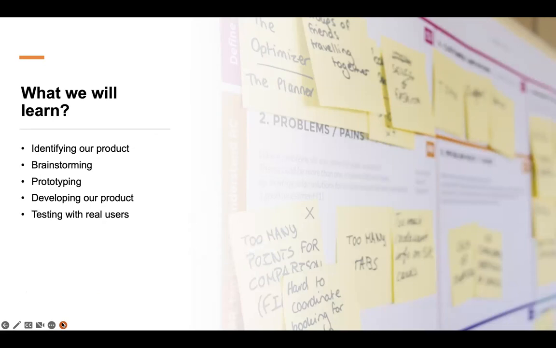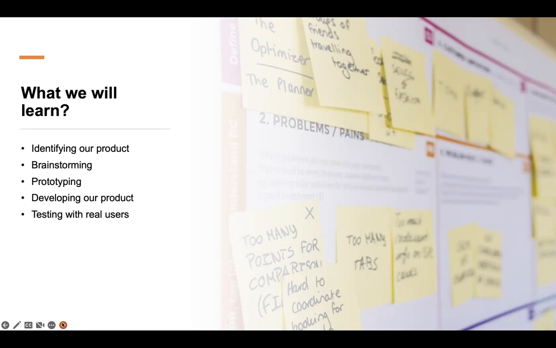What product do we need to build? And then once we identify it, we will see how to brainstorm for product development and gathering ideas, and then producing results from these ideas. And then we'll proceed to prototyping.